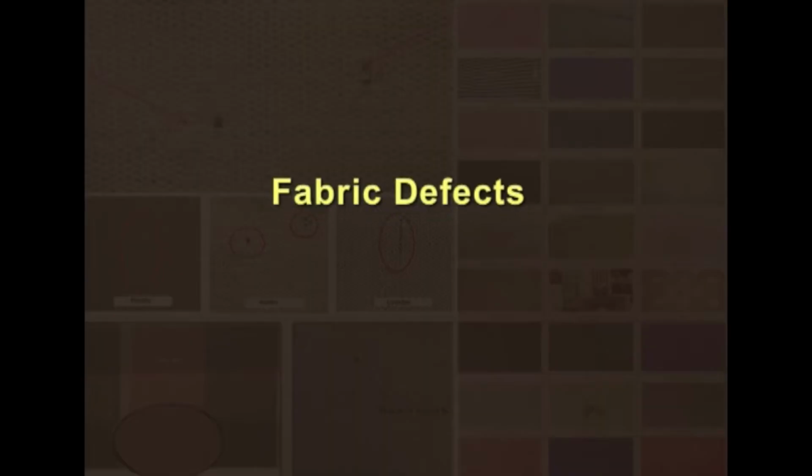The fabric defects are classified again as major and minor defects. It depends on the intended end use and also the type of fabric. Sometimes minor defects may also be treated as major based on again the end use and the type of fabric that is used.